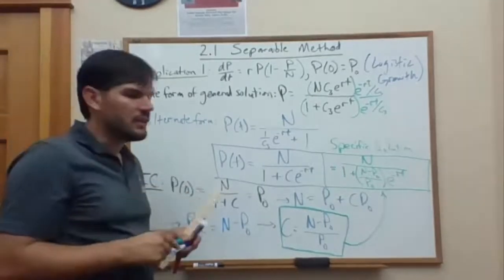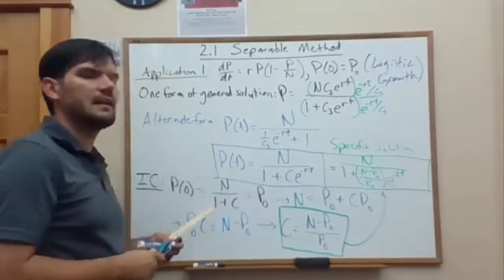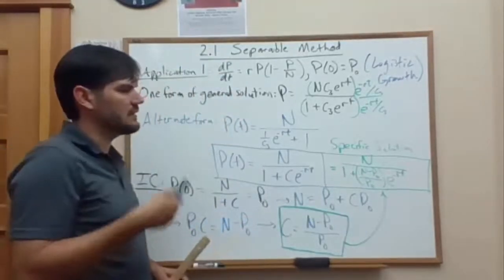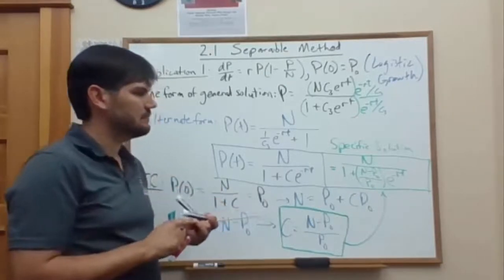Now, once we put our initial condition in, we know exactly what the value is at every single time, given the parameters r and N.